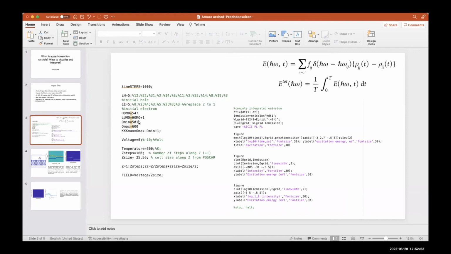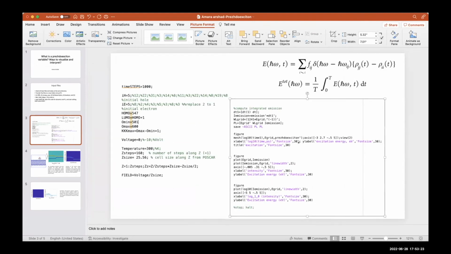These are the parameters that we need to change: time step, min, and Omax, and the homo, and then the z step that we can calculate from the band out file, and then the z size from the postcard file. So these are the input parameters that we need to change.